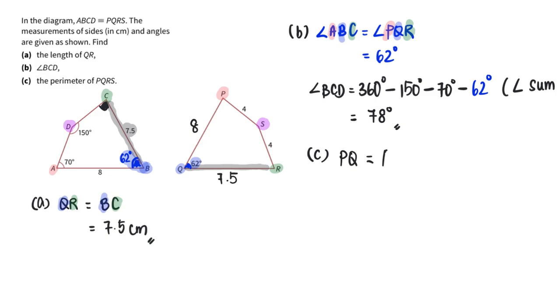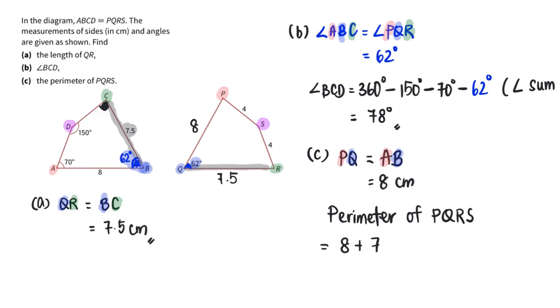PQ is equals to AB. Again, take special care in the order. AB is blue color, PQ is blue color. So this will be 8 cm, and therefore I will be able to get my perimeter of PQRS pretty straightforward. 8 plus 7.5 plus 4 plus 4 to give me an answer of 23.5 cm.